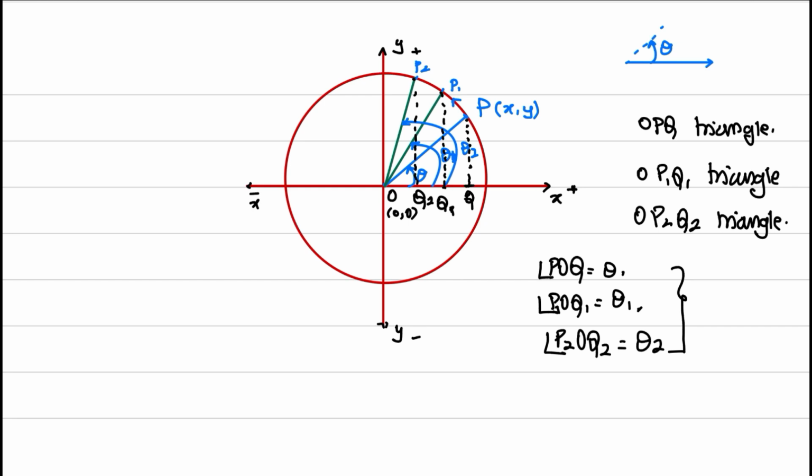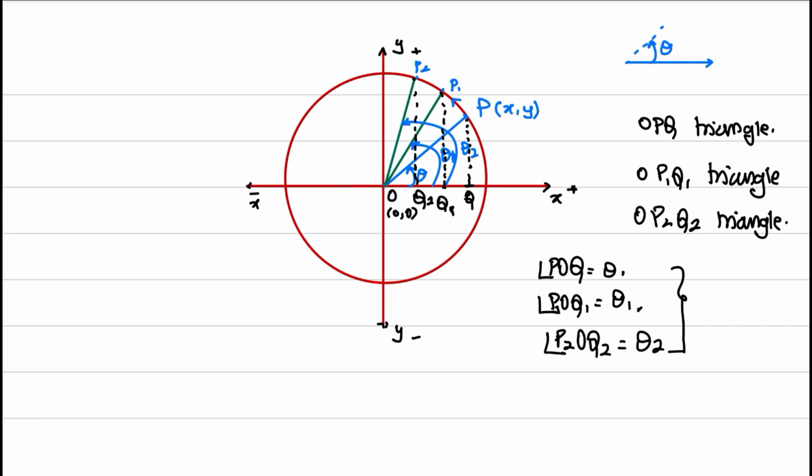Here, from the figure, if you notice, as theta changes, the sides of the triangle change. The original triangle is OPQ, O is the origin, P is a general point on the circumference, and Q is the point on the x-axis.